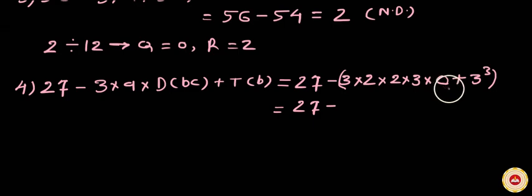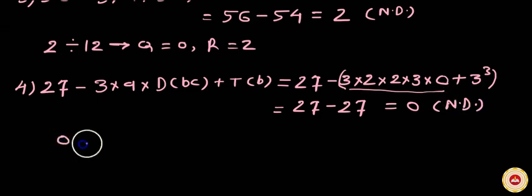Multiplied by 0 is 0. Plus 3 cubed is 27, which gives us 0. So 0 is the net dividend.